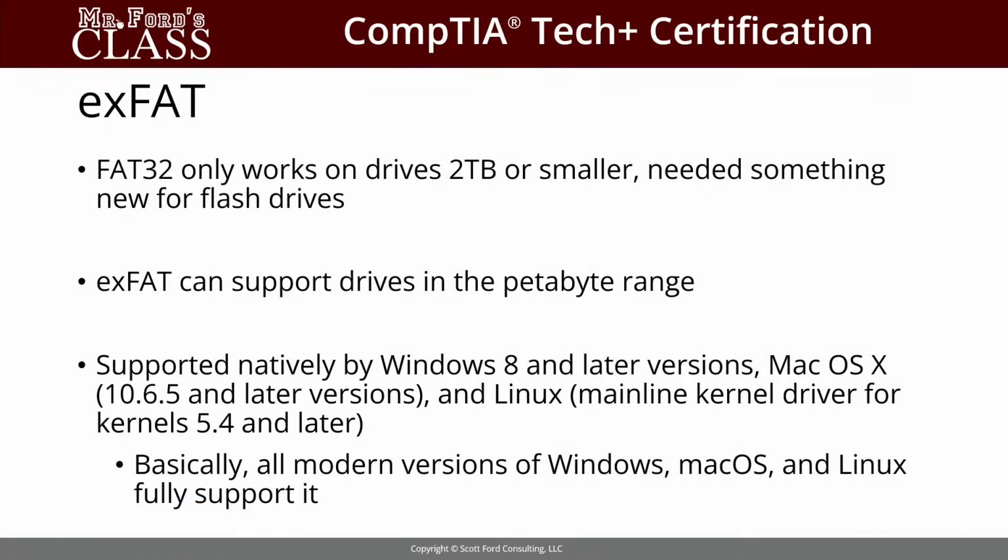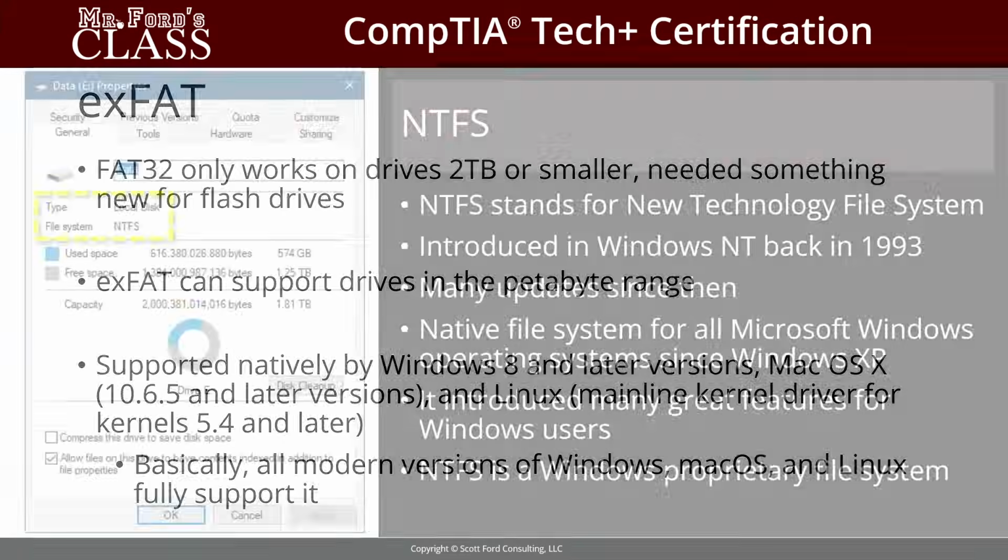FAT32 only works on drives of 2 terabytes or smaller, so we needed something bigger and newer for flash drives. exFAT can support drives in the petabyte range, so this is pretty darn big. Supported natively by Windows 8 and later versions of macOS, as well as newer versions of Linux. Basically, all versions of modern operating systems can support exFAT without a problem.